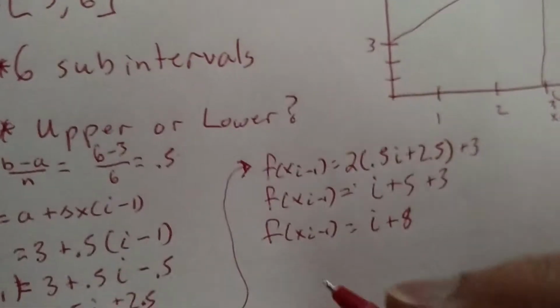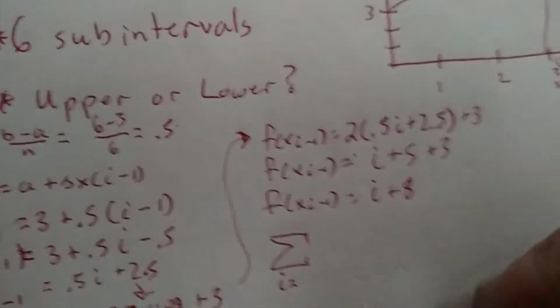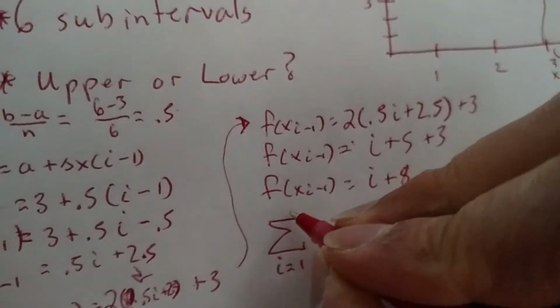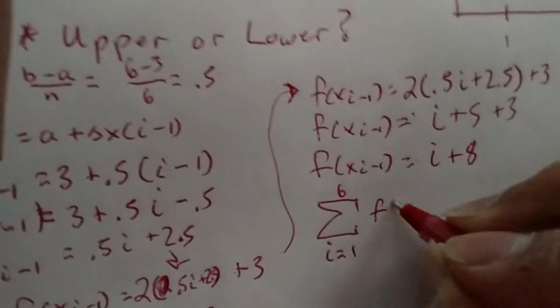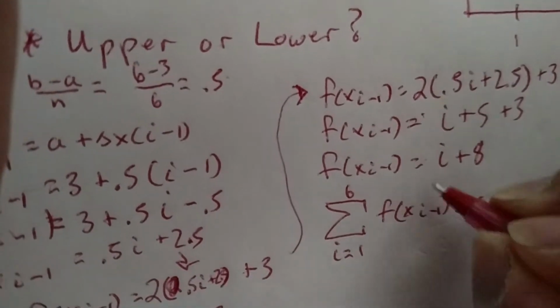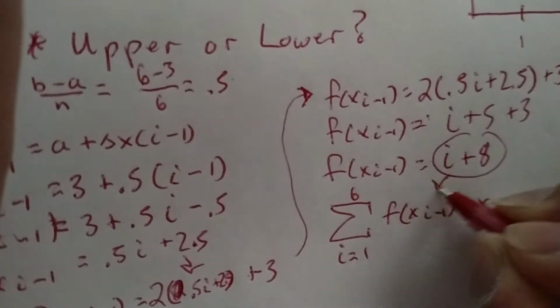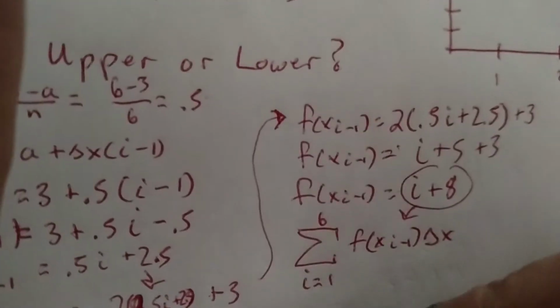So now we actually just write the formula and go with it. How many things are we adding up? 6. 6 rectangles. You see right here. I'm going to put that there, okay? And then delta x, is it just the same?